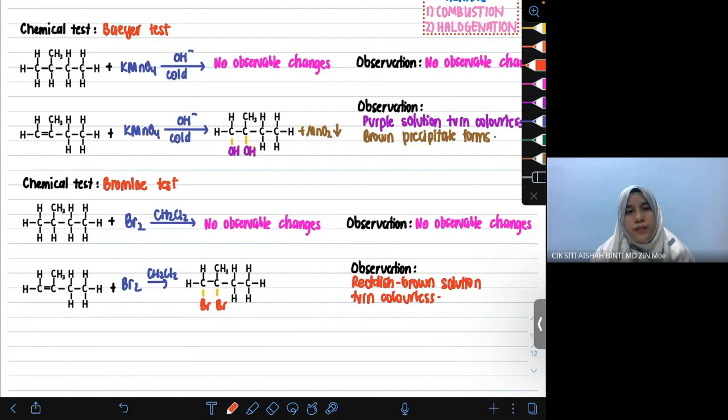So that is actually for the chemical test. Okay, so for the chemical test, so far we have only learned 3. Later, there will be many chemical tests when we learn about carbonyl compounds. Okay, so this is actually the solution.